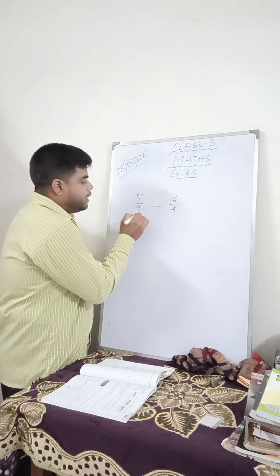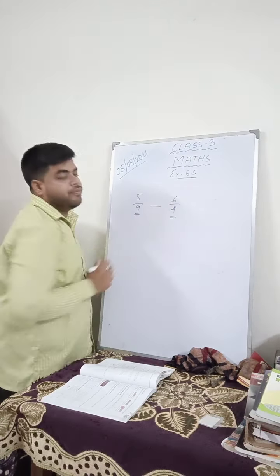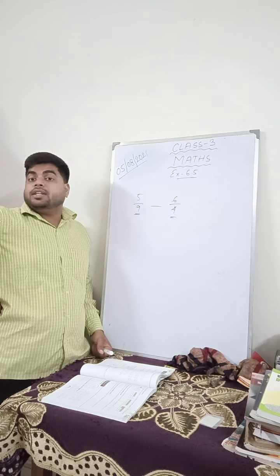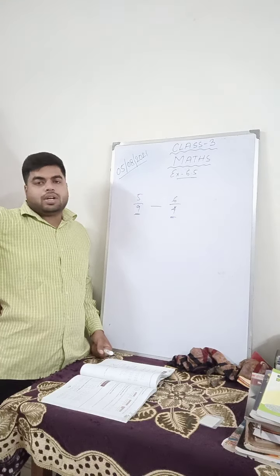That means the denominator has to be same for all the fractions which you compare. The denominator has to be same. Unless the denominator is same, if the denominator is not same, you cannot compare. So to compare these fractions, you have to first see that the denominators are same or not. If the denominators are same, you can easily compare them. And if it is not same, you have to make them same.